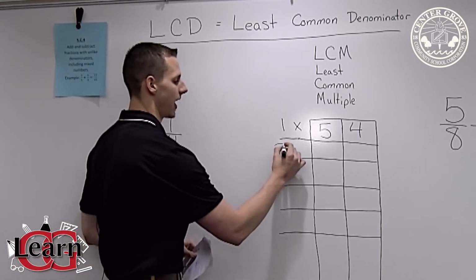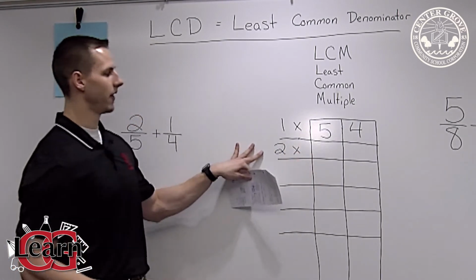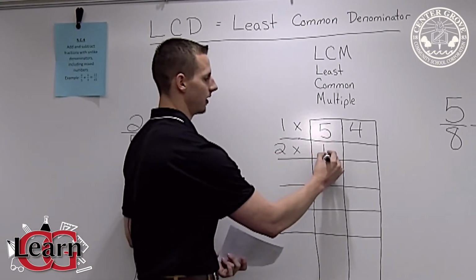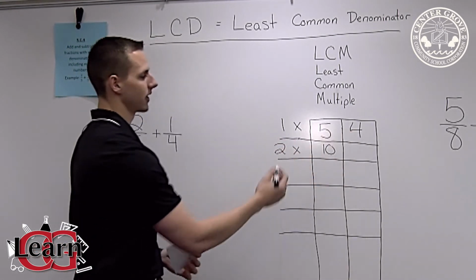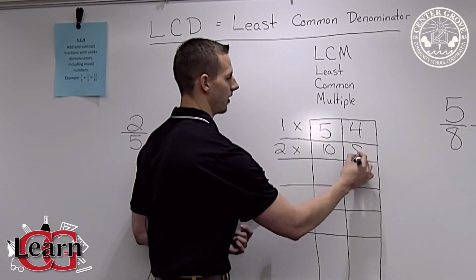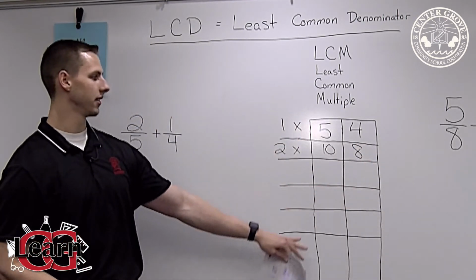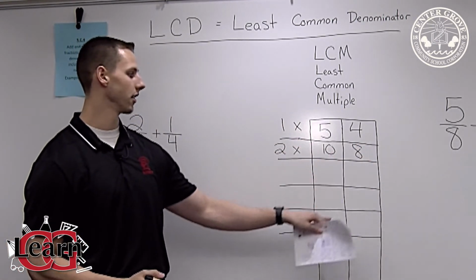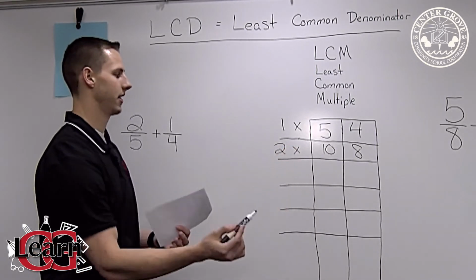Now we're going to multiply 5 times 2. And we know that 5 times 2 will give me 10. And then 4 times 2 will give me 8. And we're going to keep going down the list until we find the same number in either column. Whether they match up or not, that does not matter.